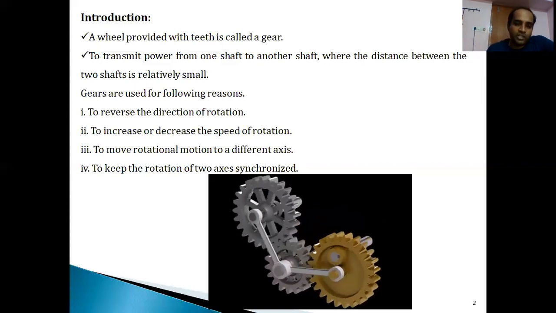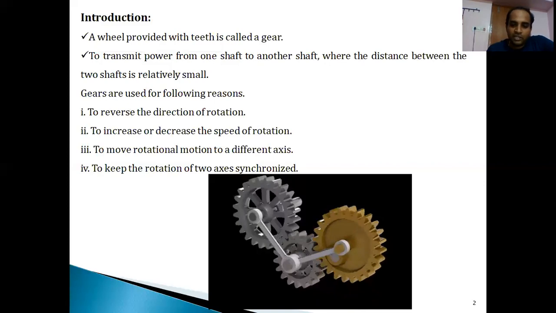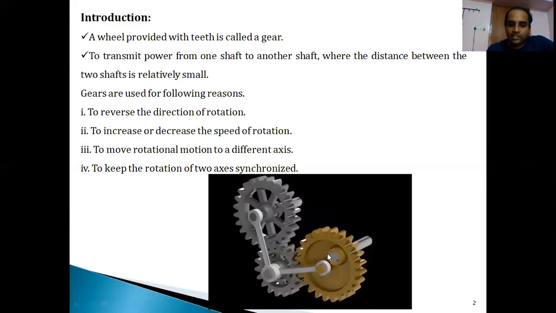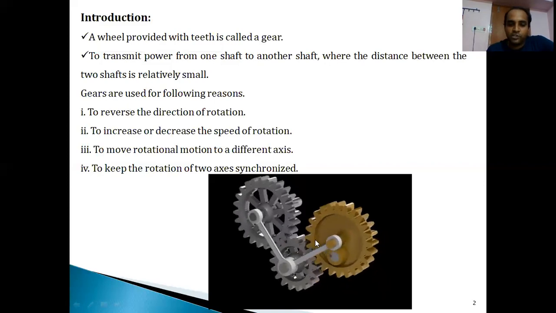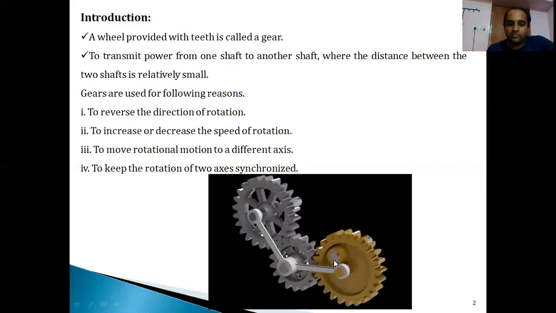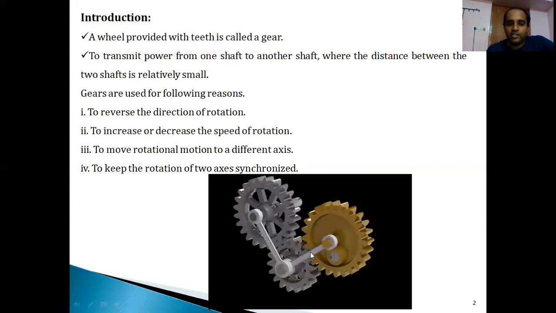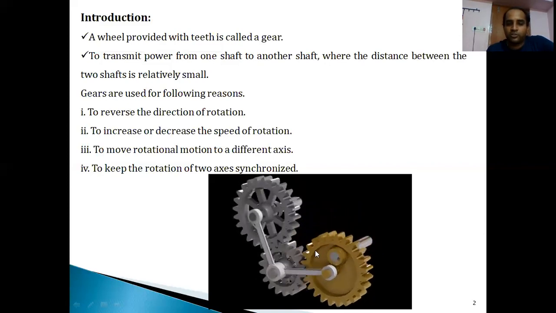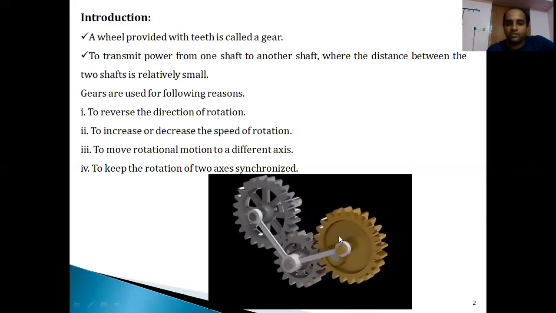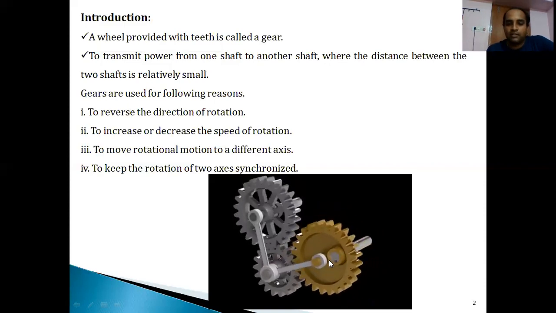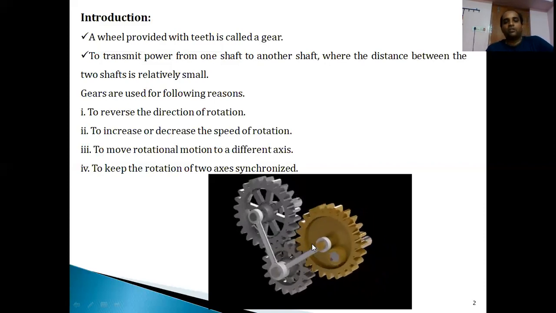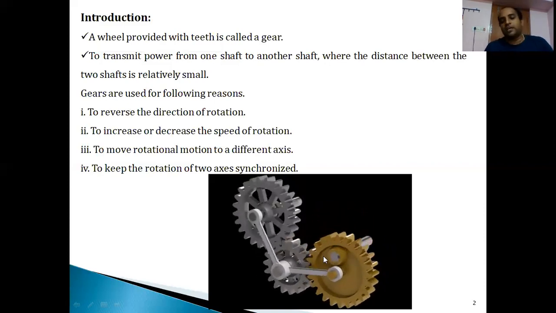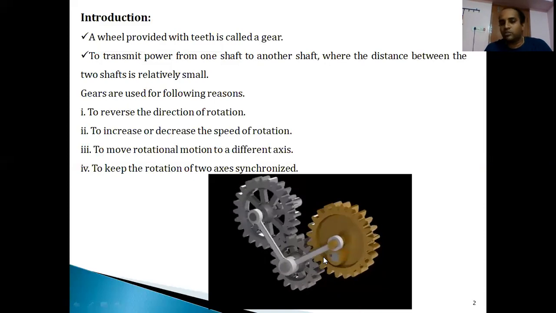Another important thing: if you see this particular sketch, as it is rotating, you can see the position of the axis is shifted. So you can move the rotational motion to a different axis also. And along with that, the rotation of the two axes can be easily synchronized.